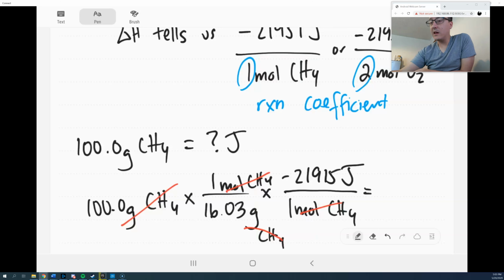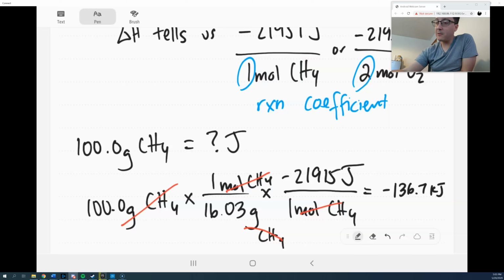I'm just going to make it kilojoules because it's a real big number. That's what you'll get when you round it. So that's all that's there when you throw a delta H in.